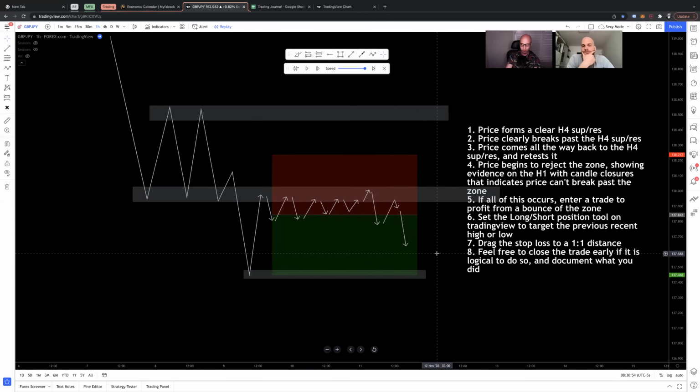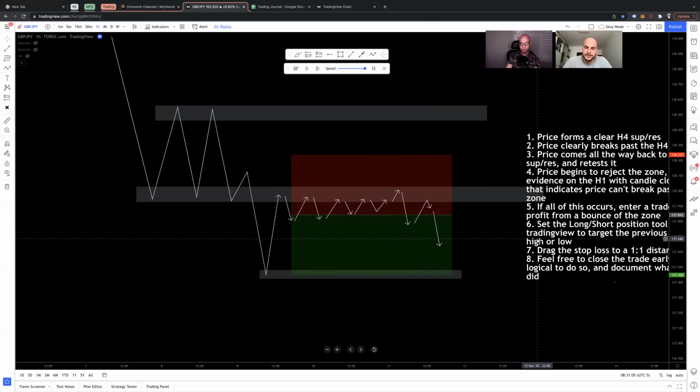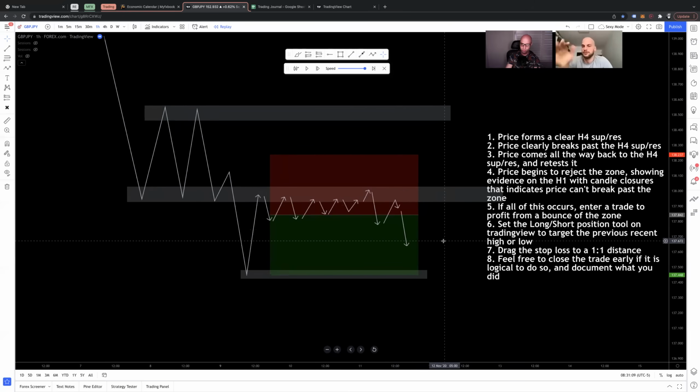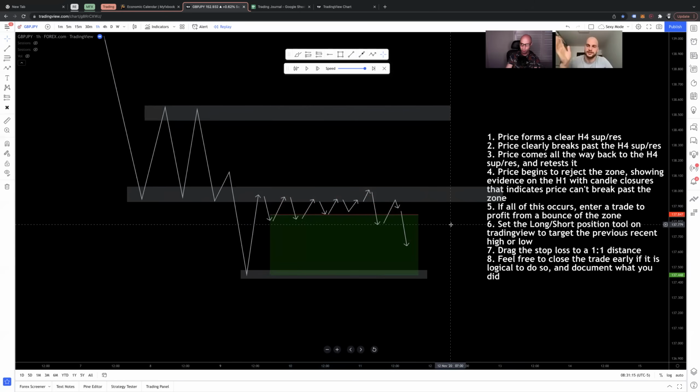Is it logical to close the trade? I would move my stop loss to break even, but I'm just not touching anything. I just won't close it, not yet. So what would you do? At this stage I would probably move my stop loss to break even, but since we're not at that place yet, I wouldn't touch it and just let it roll.